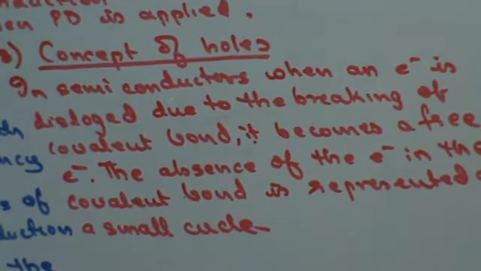Right? It is represented as a small circle. This empty place left behind in the crystal structure is called a hole.